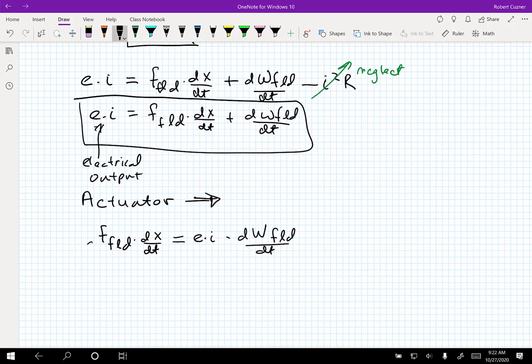And I'm going to rearrange this equation and put the energy on the other side of the equation. Because if you haven't already guessed, what we're really trying to do is come up with an expression for this energy.